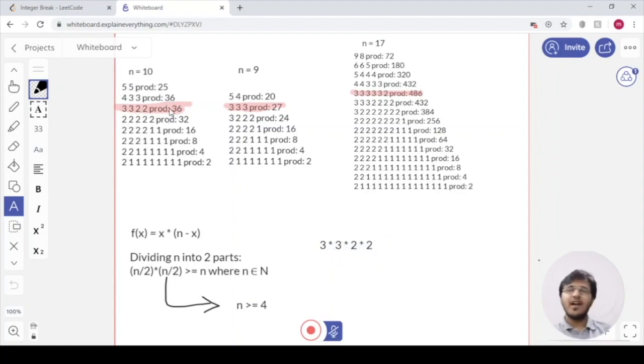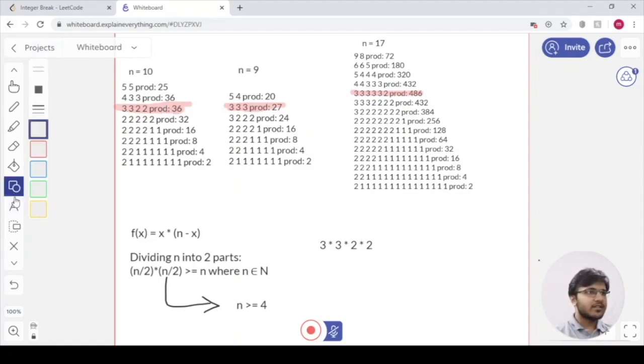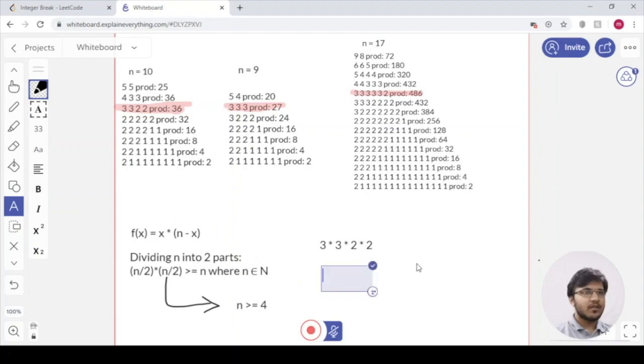So let's take another number, n equal to 70. So let's try this on that too. So n is 70. So we take 3 from this. So we get 3 into 17 minus 3, that is 14. We again take 3. So we will get 3 into 11. Again take 3.